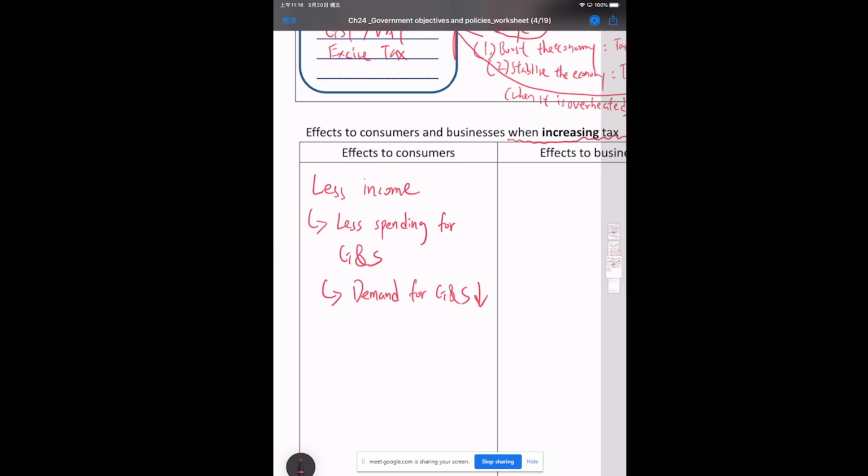They don't want to spend on goods and services as much as before because they have less income.